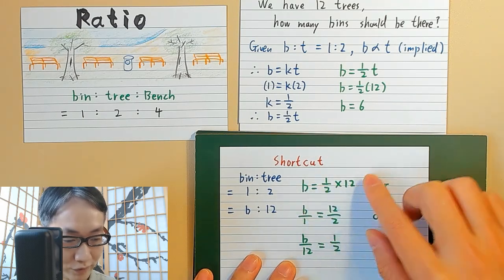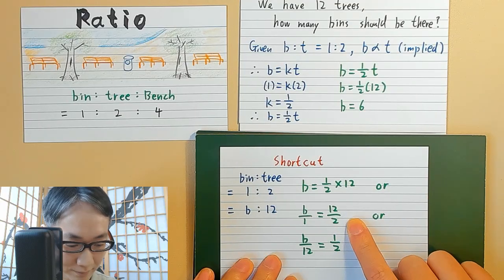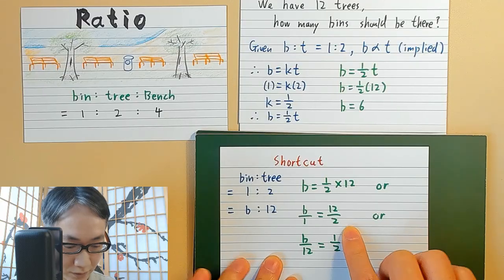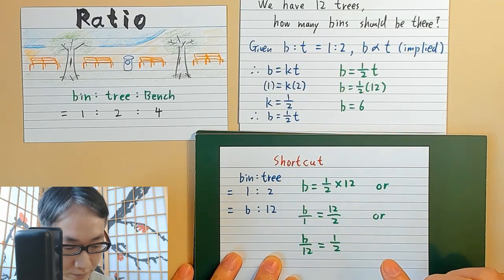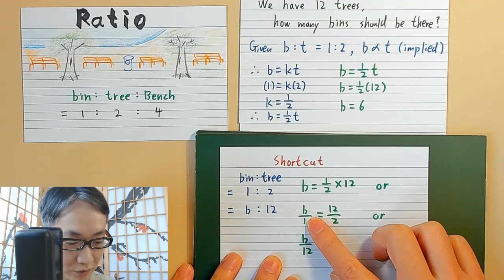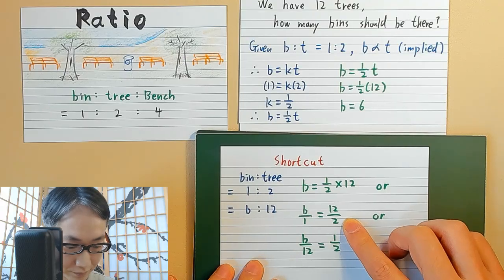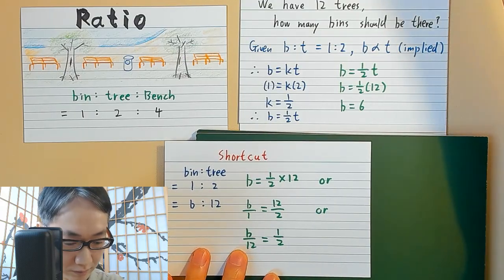However, it's hard to do without doing all the steps. So we can also do this one. This means B over 1 is equal to 12 over 2. Then we'll get the same result for B as 6. 12 over 2 is 6. This one can also be reversed.